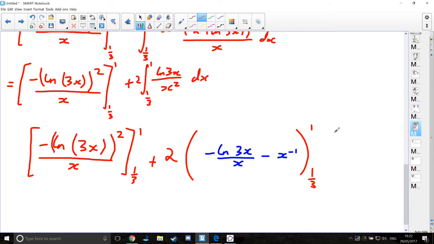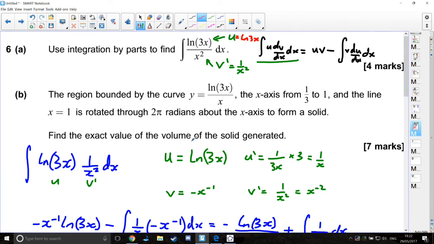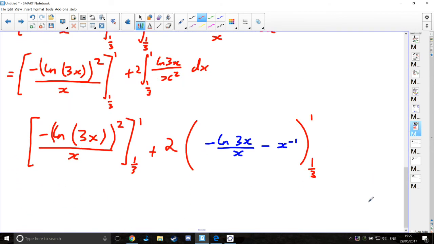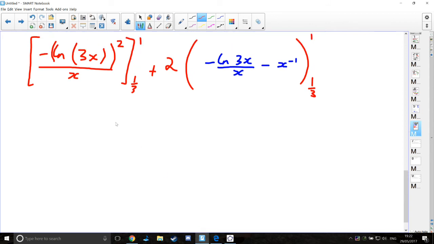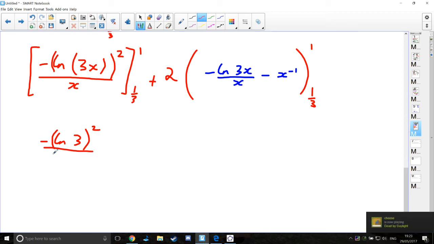Okay, now that I've done this, I can pretty much just sub in these numbers to get an answer. But it's asking for the exact volume, so omit that, I cannot. So let's go about getting this in exact format. So we're going to have 1 subbed into this, so we have minus ln 3 all squared over 1.